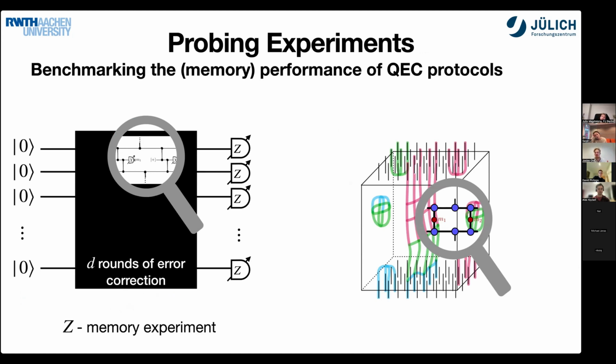After the first round, we've initialized a zero logical state. Then we perform rounds of error correction and then measure out, for example, a single qubit Z to check how well this was protected by our rounds of error correction. This is then called a Z memory experiment.